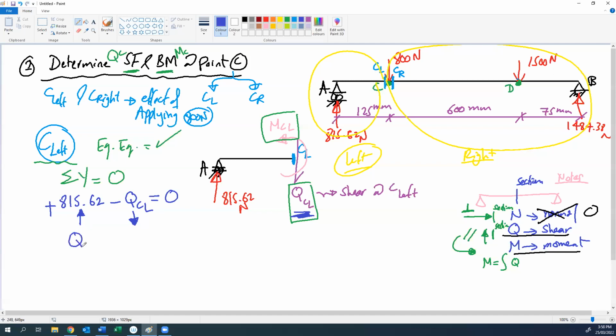So from this equation, we find that the shear force is equal to positive 815.62 Newton. So what is the shear force at C left? 815.62 Newton. Okay. Do you have any problem with this one?